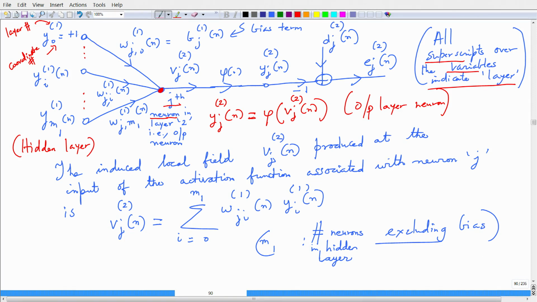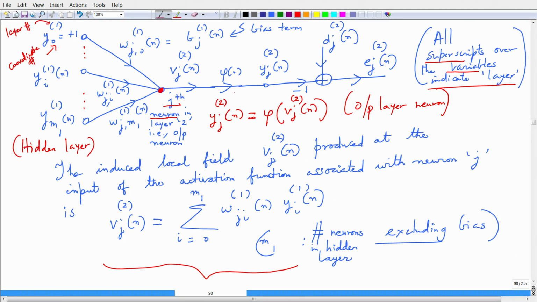You take y0 of 1 multiplied by wj comma 0 of 1, and then y1 of 1 with wj1, and so on till ym1 multiplied with wjm1, and you sum this over. That is what we have in this equation. It is a linear summation. Now this is the local receptive field.